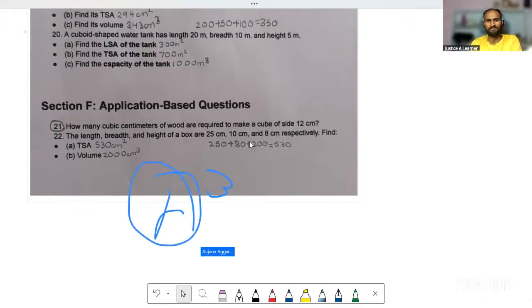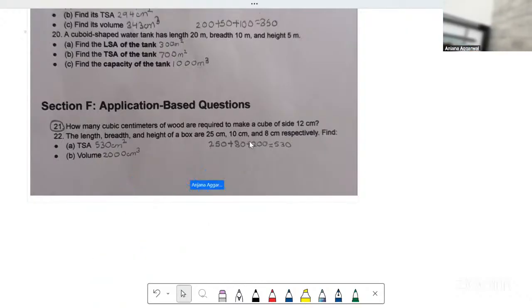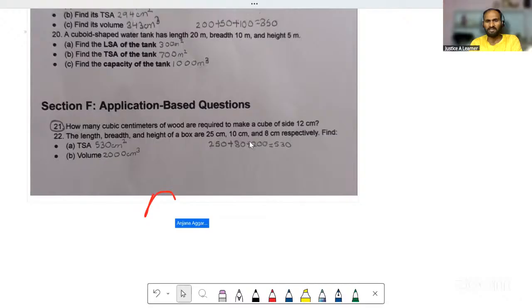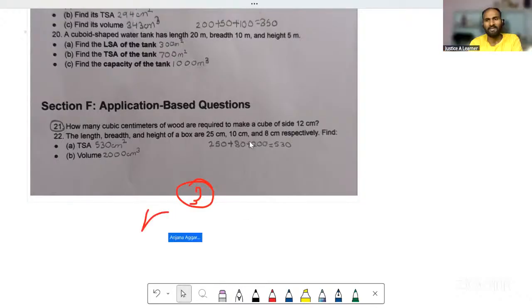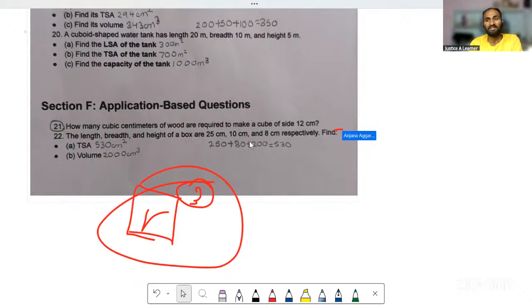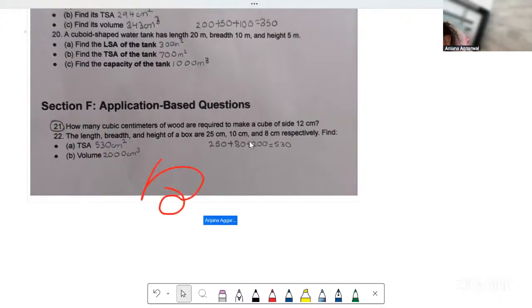What is R3? I didn't say R3. I said cubic means power 3, not R3. Oh, power 3. Okay.